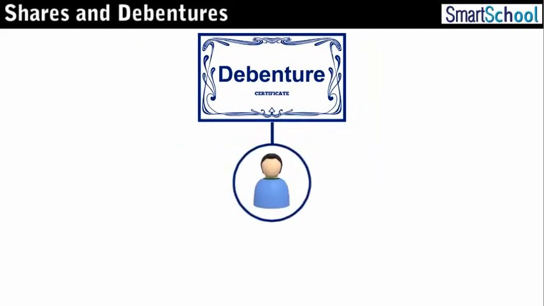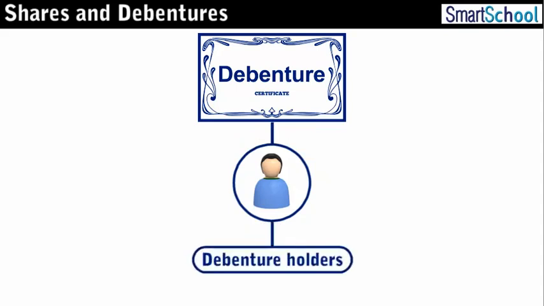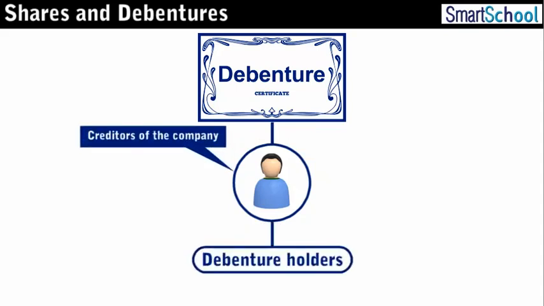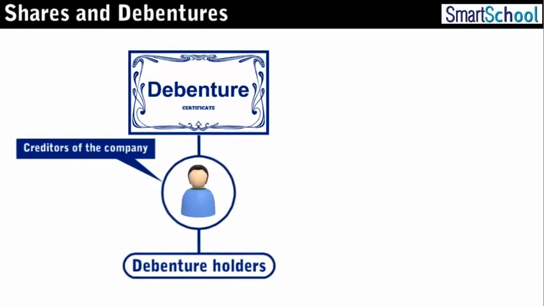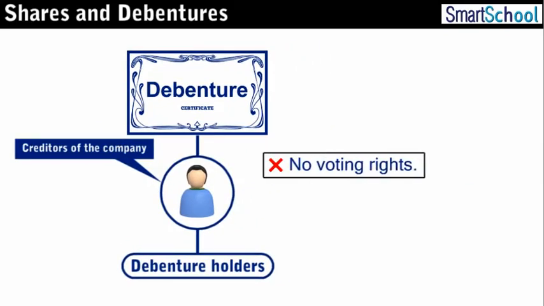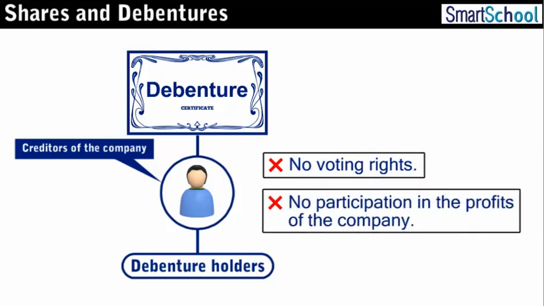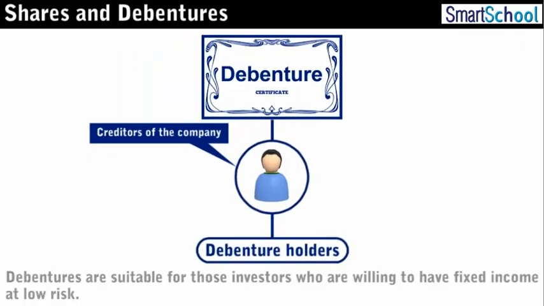Those who hold the debentures of company are called debenture holders. They are also called creditors of the company. Debenture holders do not have any voting rights, and they do not participate in the profits of the company. Debentures are suitable for those investors who are willing to have fixed income at low risk.